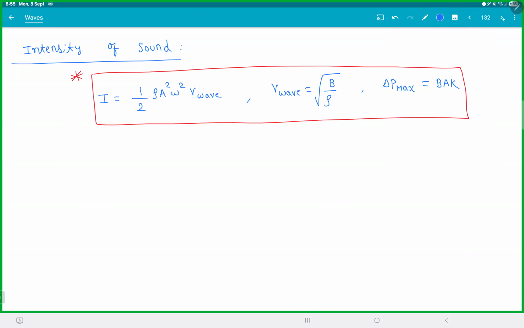The problem with this formula, right? Studying intensity of sound with this formula is not really convenient. The numbers are pretty bad. So we prefer to study in something called decibels. We'll use a symbol beta.